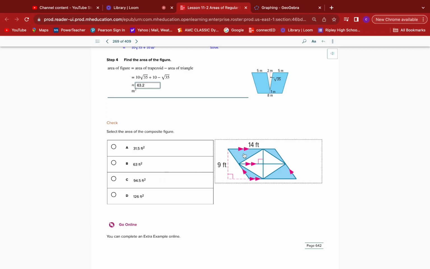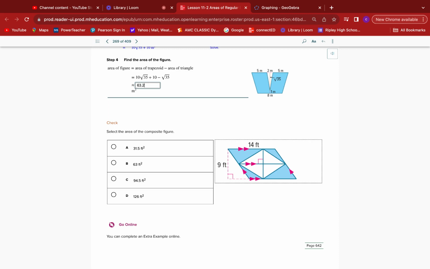All right. The formula for a parallelogram is base times height. 14 times 9 is 126. All right. The formula for a rhombus is 1/2 diagonal 1 times diagonal 2. So 1/2 times 14 times 9 is 63.